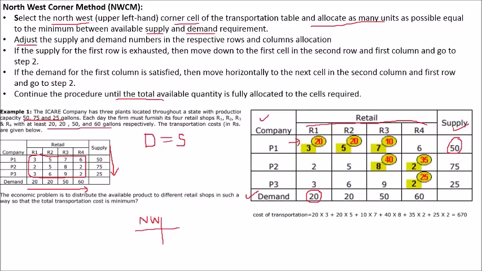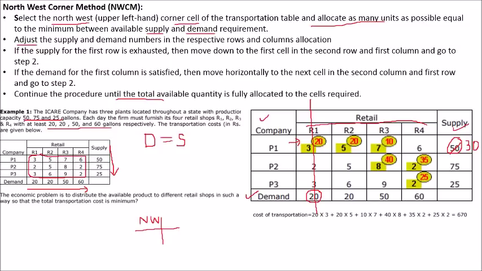So I can allocate a maximum of 20, because 20 is the demand. I allocate 20 here in the northwest cell. Once allocated, since this column is exhausted, I am cancelling this column. Out of this 50, we have already allocated 20, so the balance is only 30.